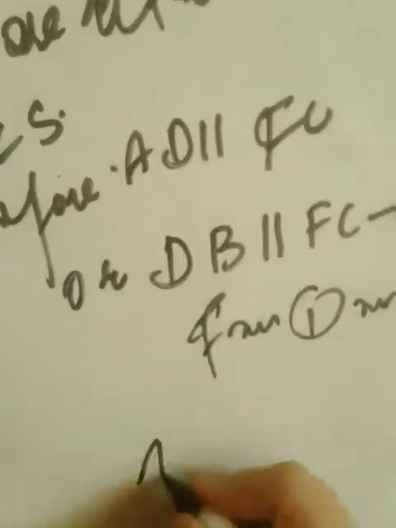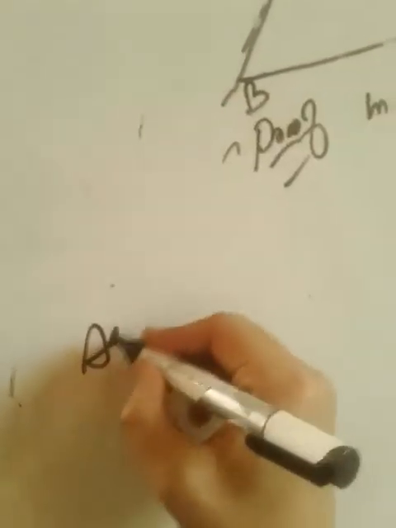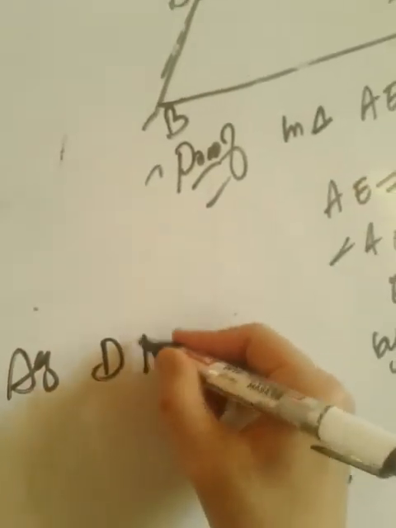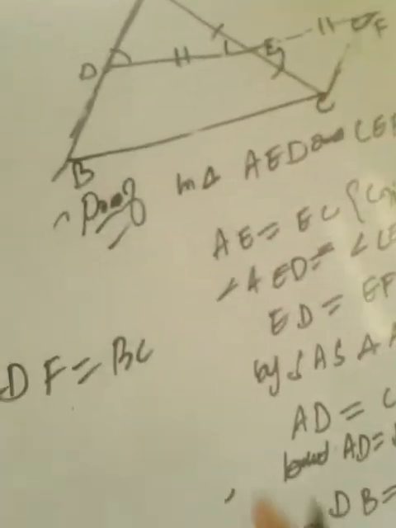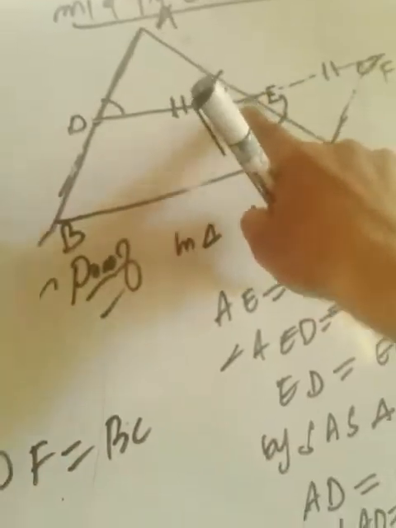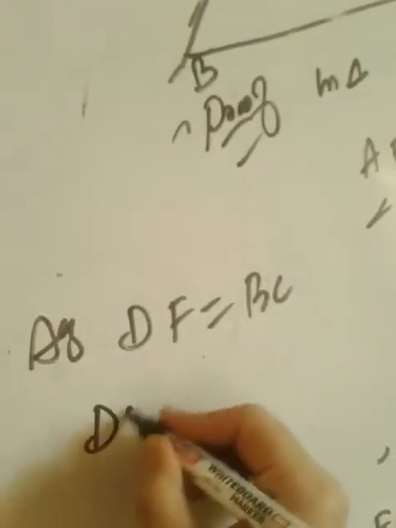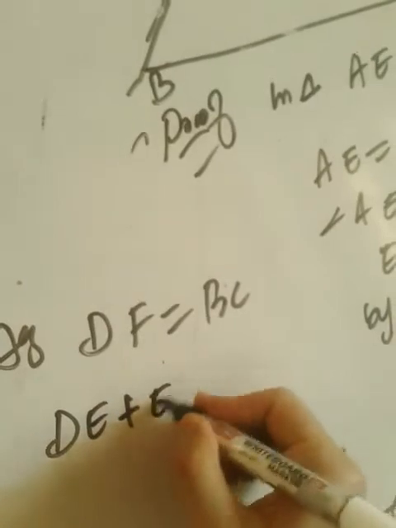Again, opposite sides of a parallelogram are equal. Please pause the video here and note it down. DF equals BC. Why? Opposite sides of a parallelogram are equal. We write DF equals DE plus EF equals BC.